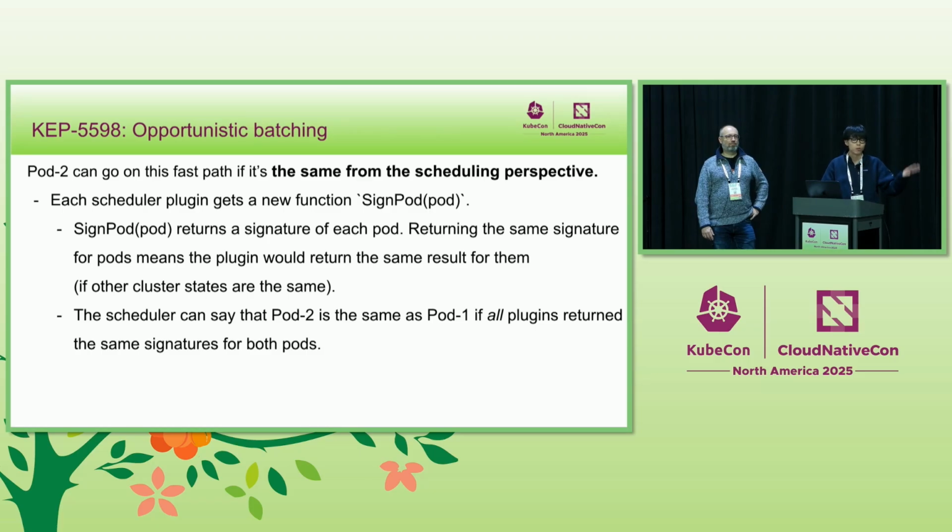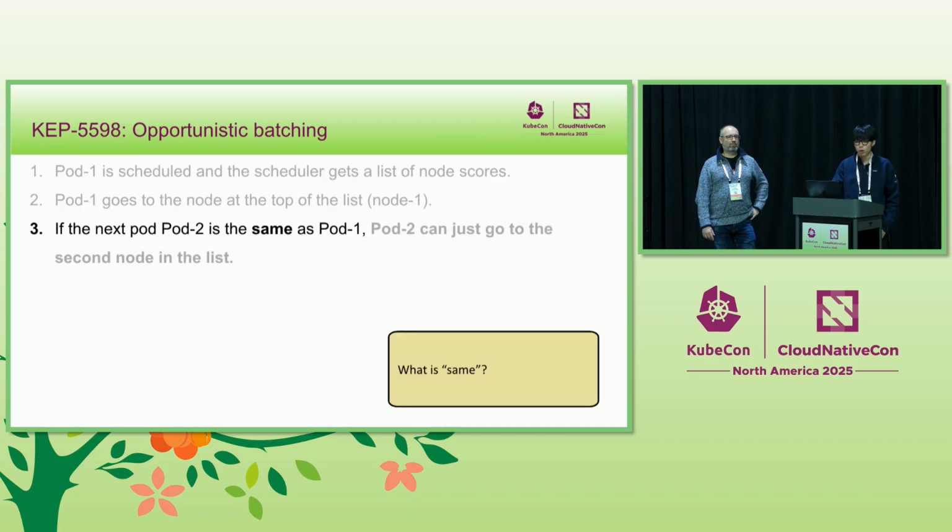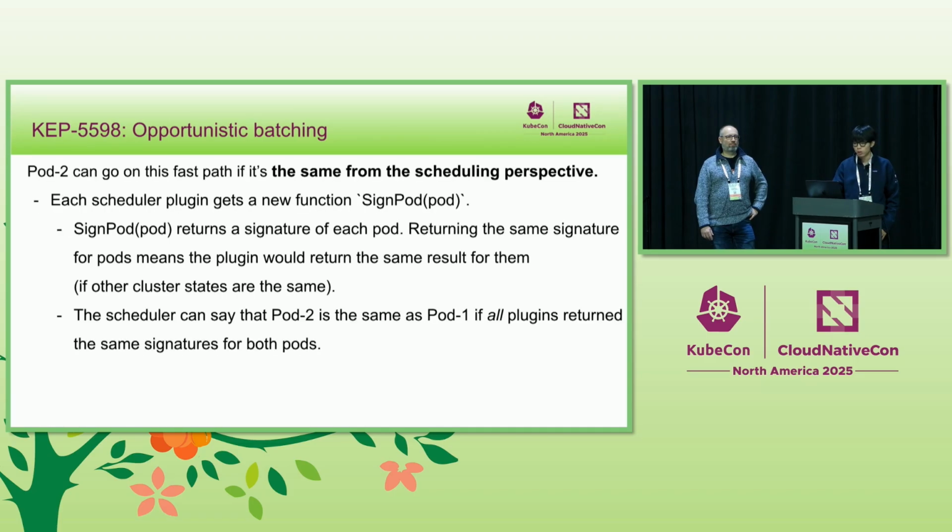The whole feature will be just disabled. Then back to this example, if all plugins are returning the same signatures for pod 1 and pod 2, then the scheduler can say, okay, pod 2 is basically the same as pod 1 from the scheduler's perspective.